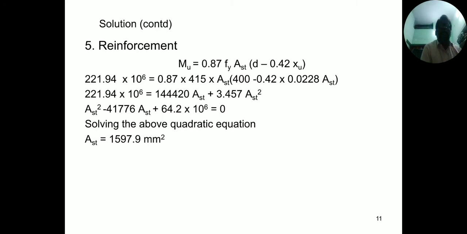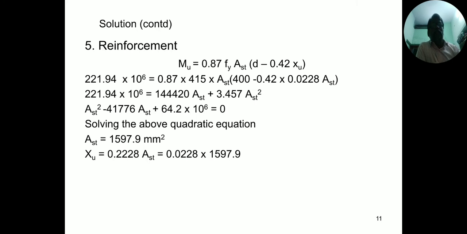XU is equal to 0.0228 AST, that is 0.0228 into 1597.9, which is equal to 36.4, less than DF. DF is equal to 150 mm. Our assumption is correct.